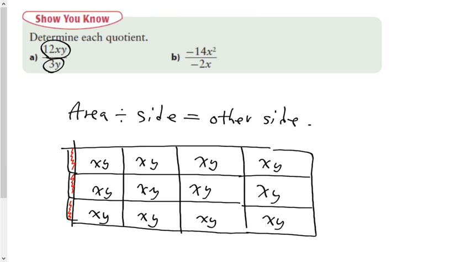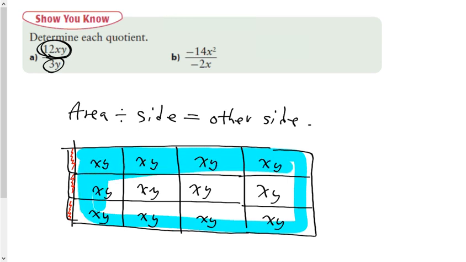So we have 12xy. So really what this says is the area, 12xy, which is our inside, and we better shade that a color. Let's do it blue again. So that's going to be positive xy's. Okay. An area of positive 12xy divided by the side we know is going to equal the other side. So what's the other side going to be?